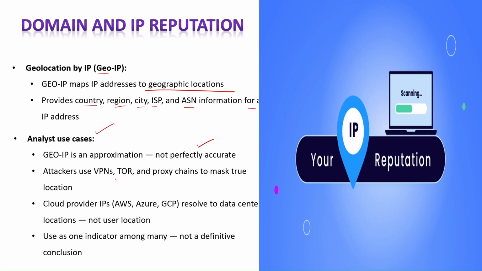Attackers use VPN, Tor, and proxy chains to mask their true location. Cloud provider IPs such as AWS, Azure, and GCP resolve to data center locations, not user location. Use it as one indicator among many, not a definitive conclusion.